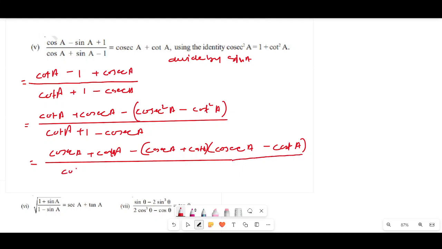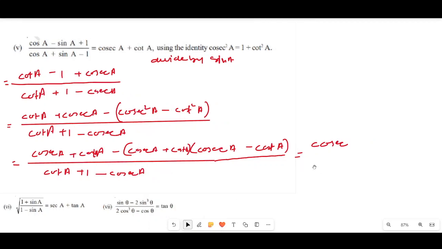Here we can write cot a plus 1 minus cosec a. Clear? Then we can take common. If we take common, it will be cancelled out.